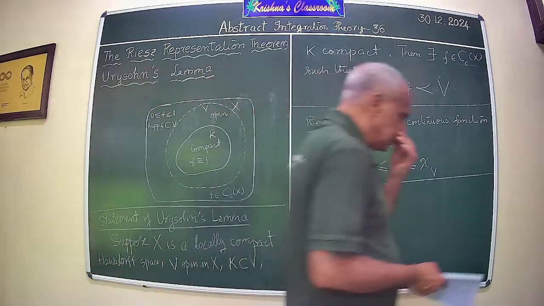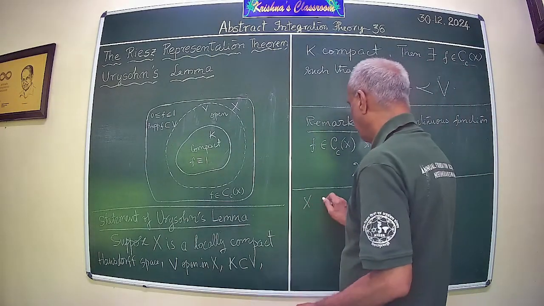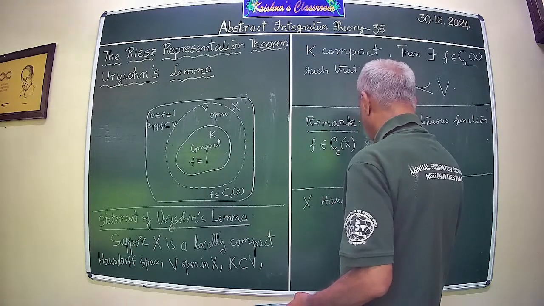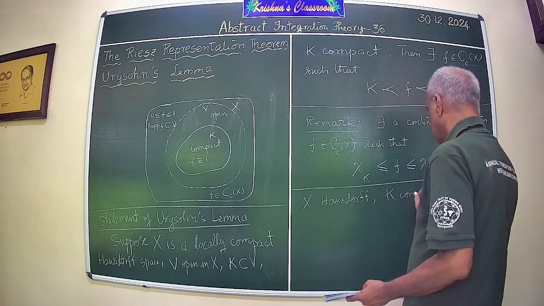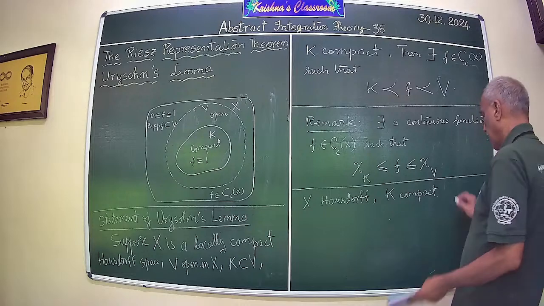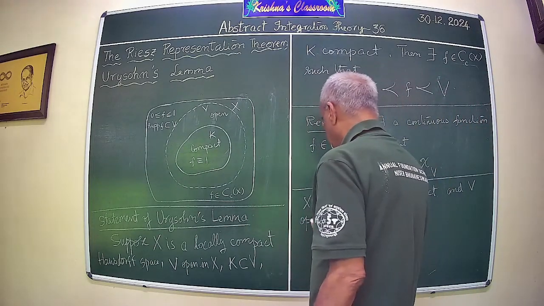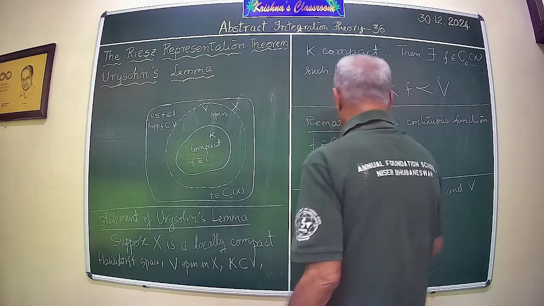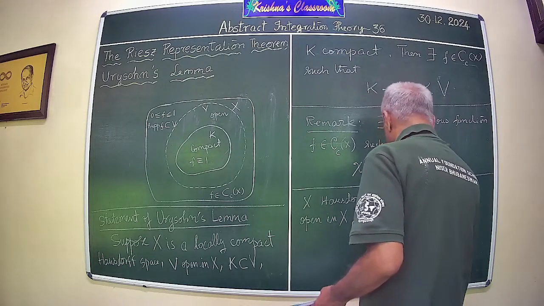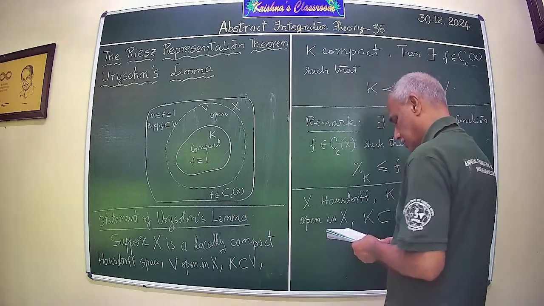Now we recall some of the results that we use. See, with X Hausdorff, K compact, and V open in X, K contained in V, we have already proved the following theorem.